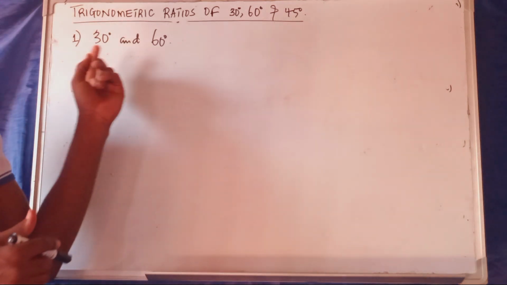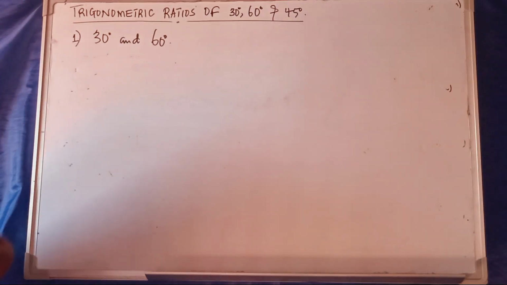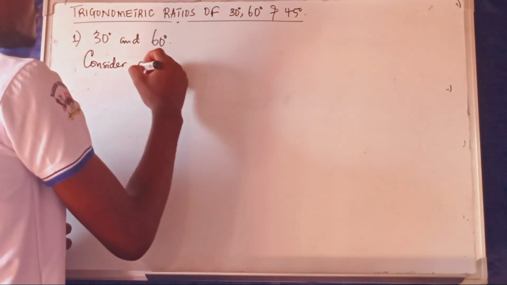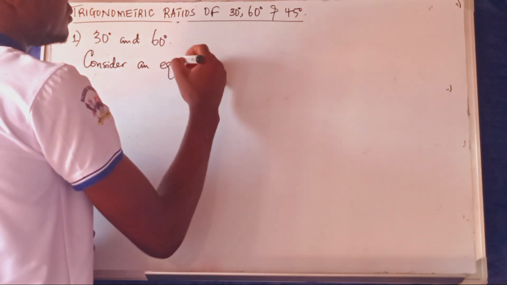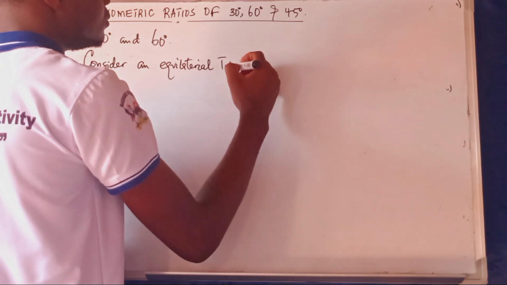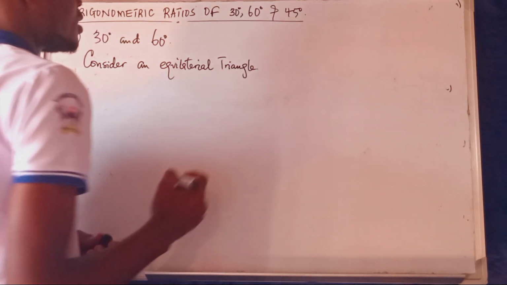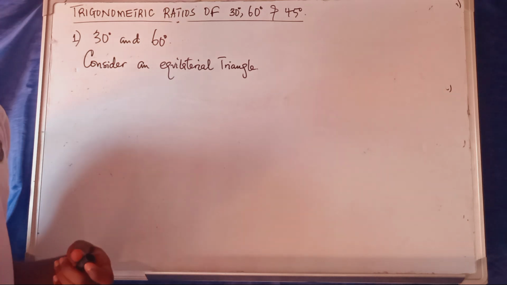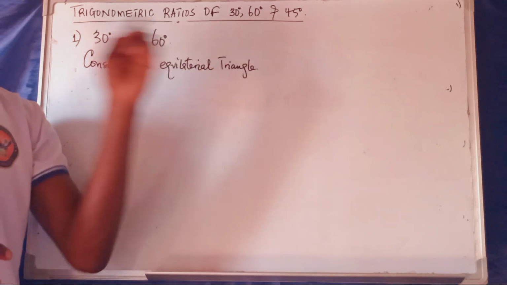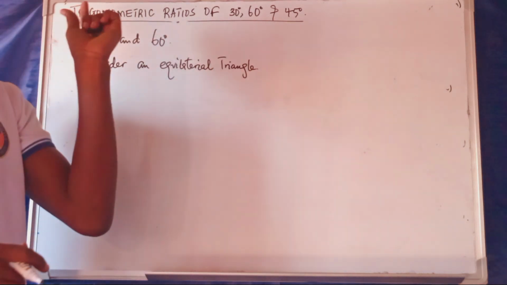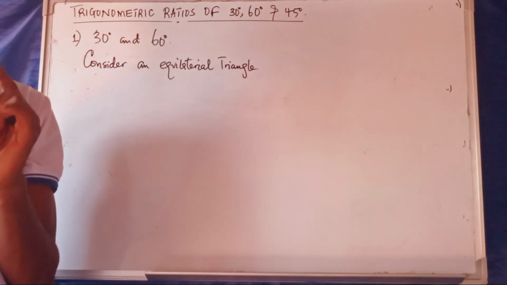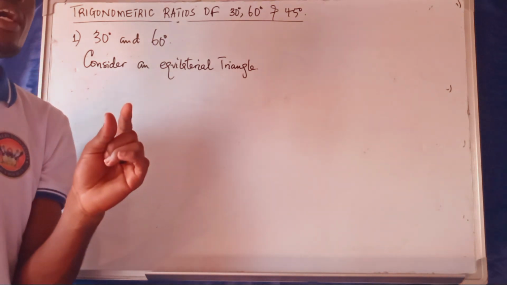We are starting with 30 and 60. So here we consider an equilateral triangle, like previously when we talked about the general angle. We are dealing with the trigonometric ratios, and trigonometry is the branch of mathematics that talks about the relationship between the lines of a triangle and the angle.